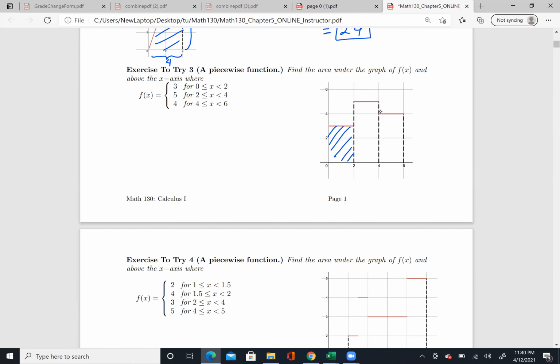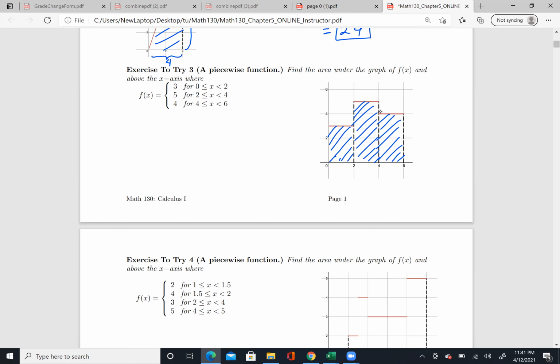For x from 2 to 4, I have y equal to 5, so here also. And then y equal to 4 for x from 4 to 6, so this one, right?